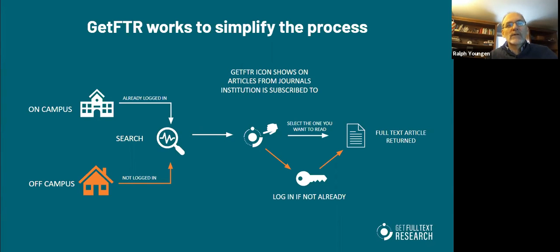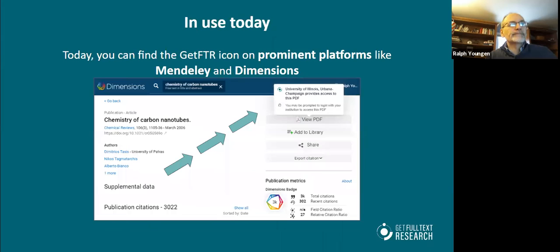And that's what you would have to do. And you would only have to do that once, because once you establish a session on your campus authentication server, then you are following the white path. For every subsequent click of a GetFTR link, you're going to have that more seamless, streamlined access to the content.